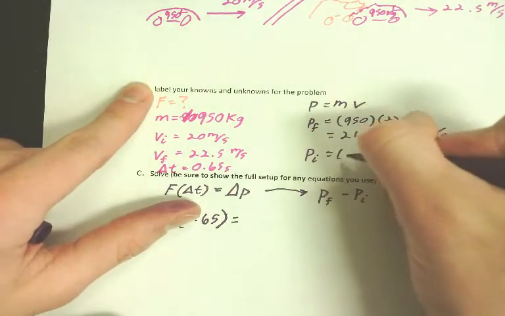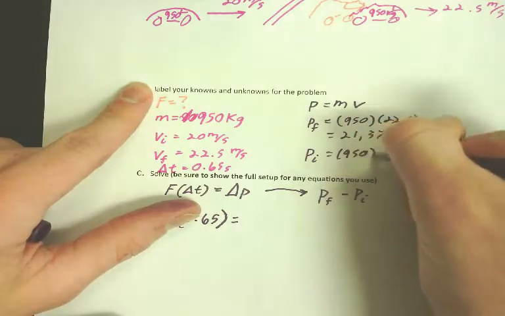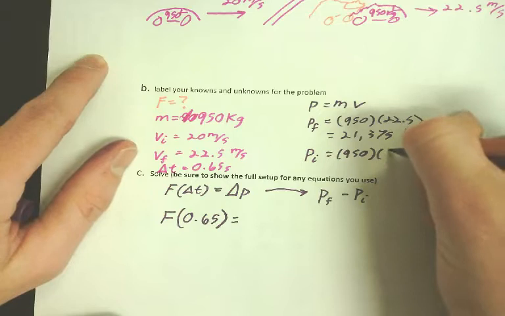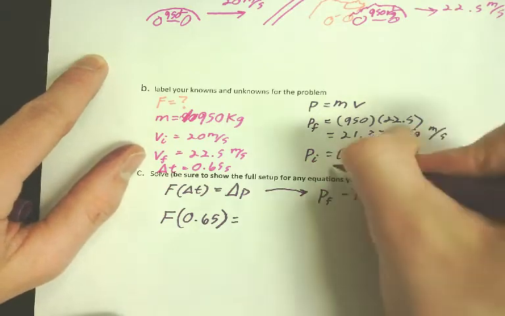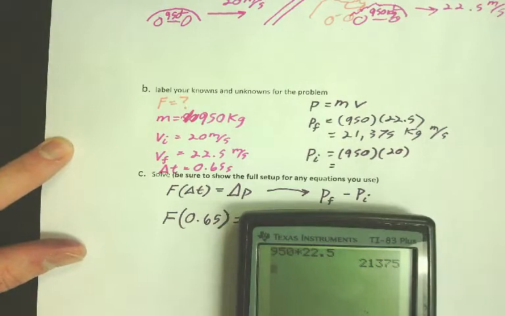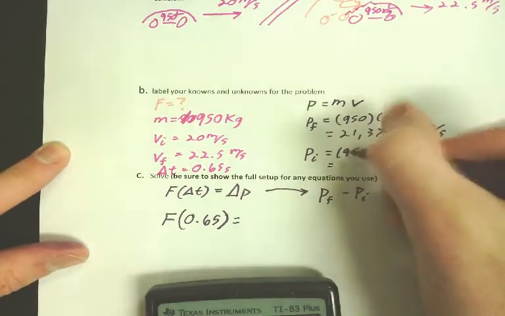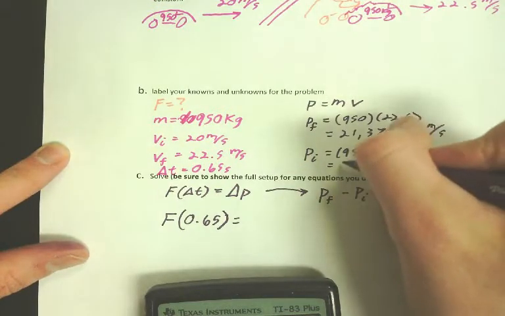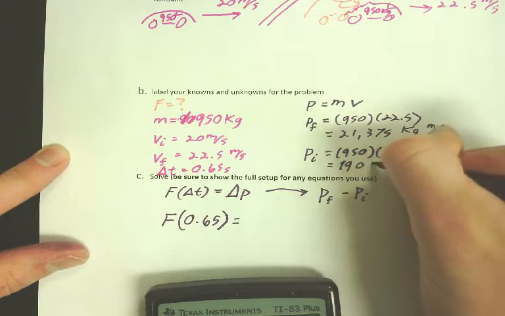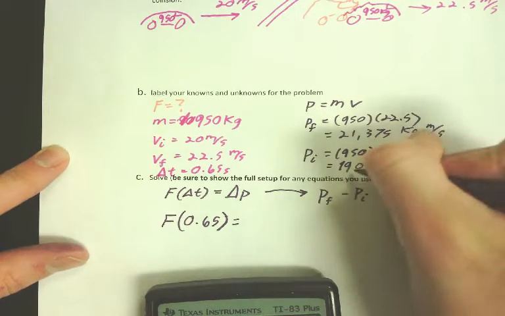So my mass is still 950 the whole time, but my initial velocity was 20. And when I multiply those two out, 1900. Well, I could have done that. Come on, self. Or, sorry, not 1900, 19,000.